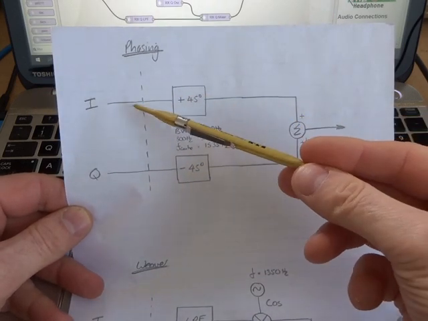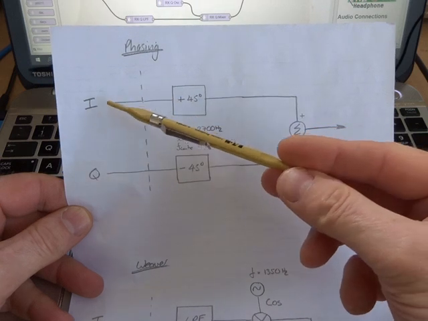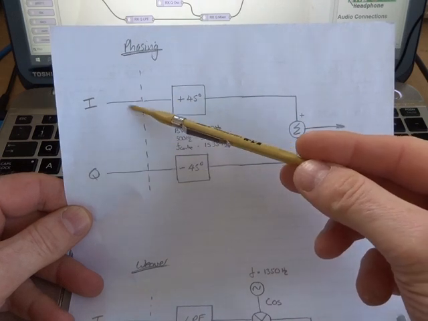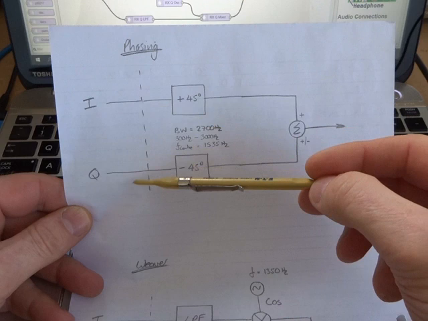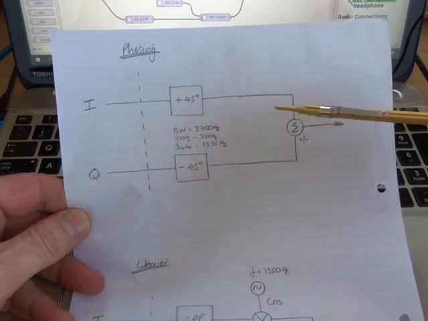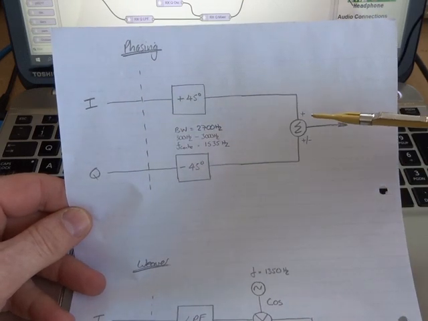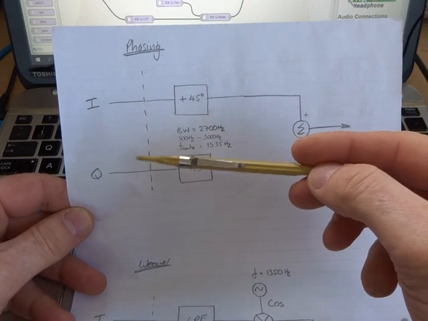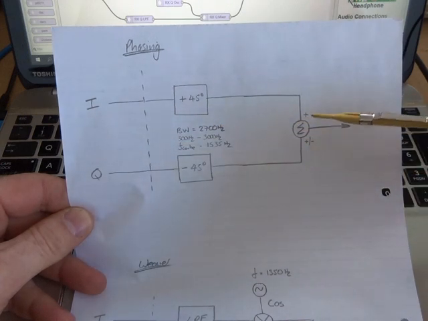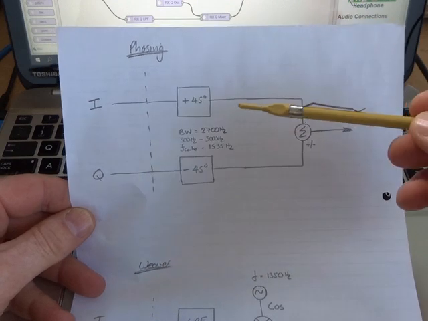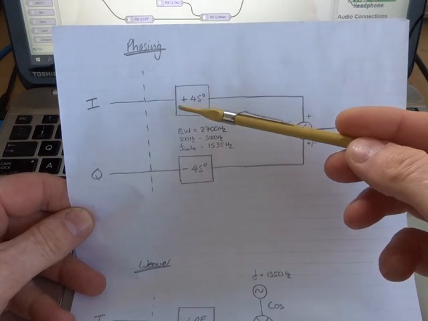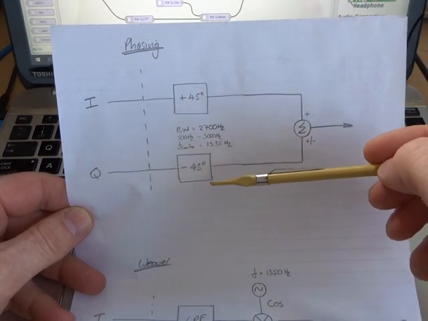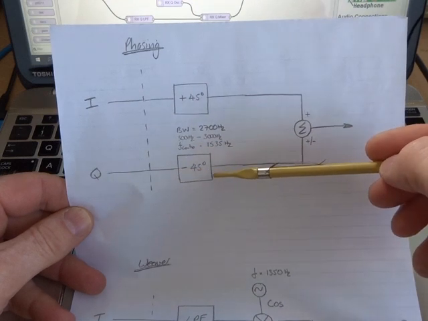So that's the I, or the in-phase, and the quadrature signals coming in, so those are 90 degrees out of phase. In order to recover either the upper or lower sideband, we need to introduce another 90 degrees phase difference between those two signals before we either add or subtract them to recover either the lower or upper sideband. To do that, I'm using two Hilbert transforms, which is the common way of doing it.